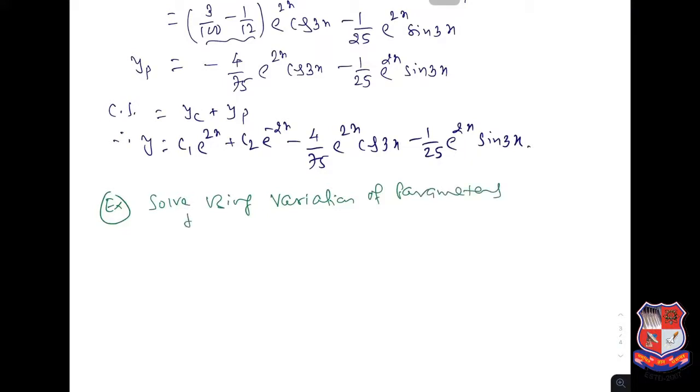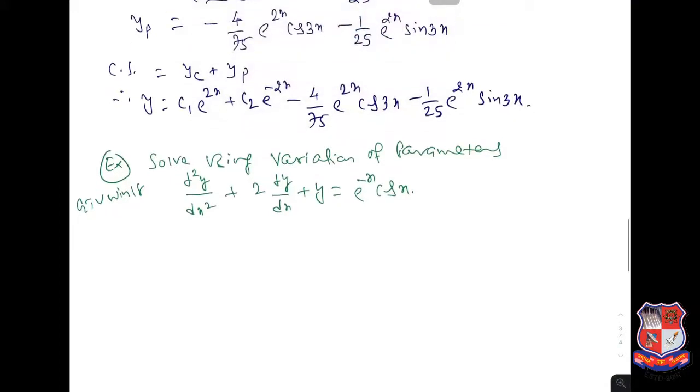The example is, this was asked in GTU winter 2018. d square y by dx square plus 2 dy by dx plus y equal to e power minus x cosine x. Okay, so let us now solve.